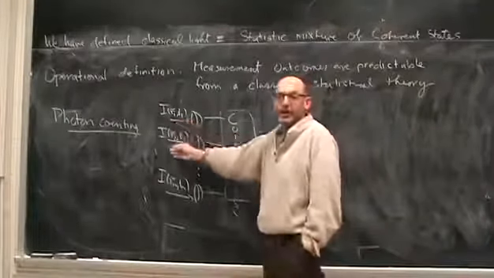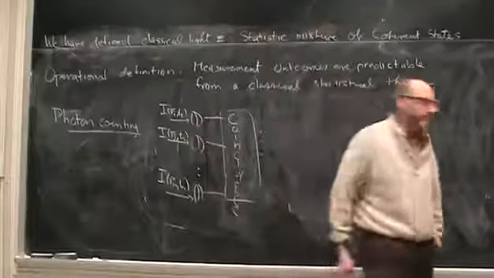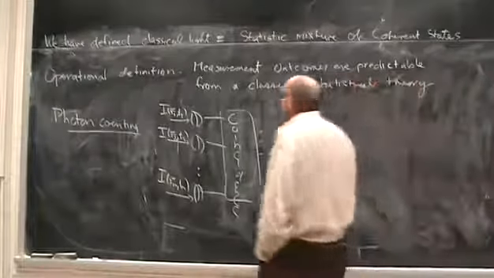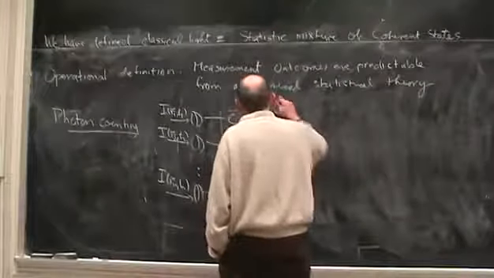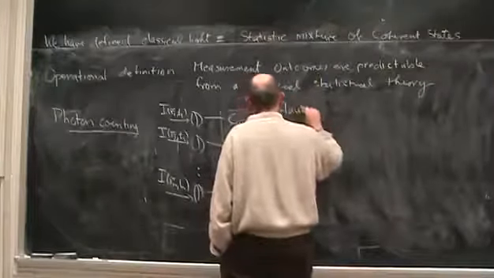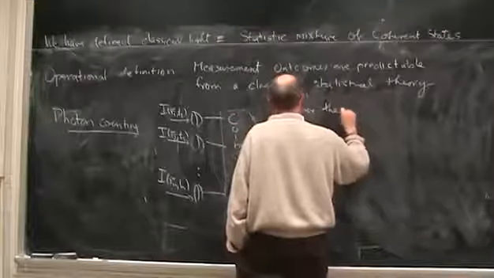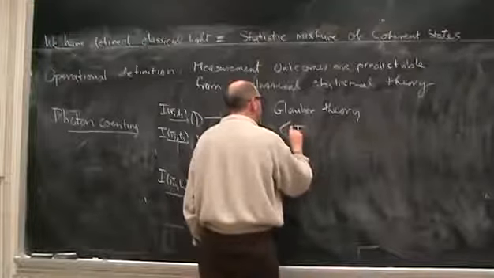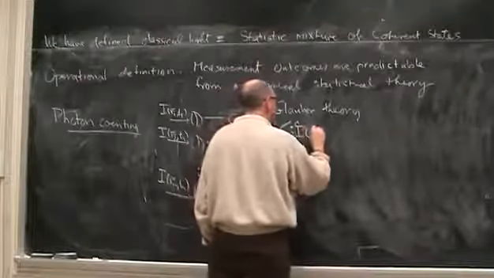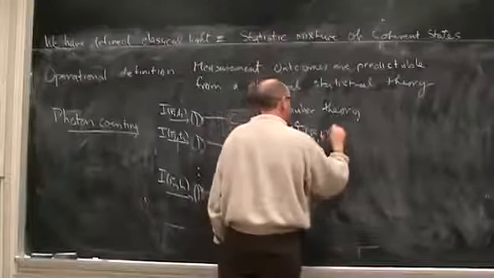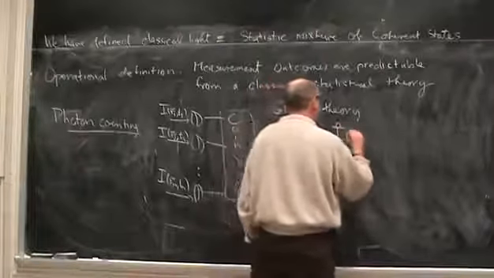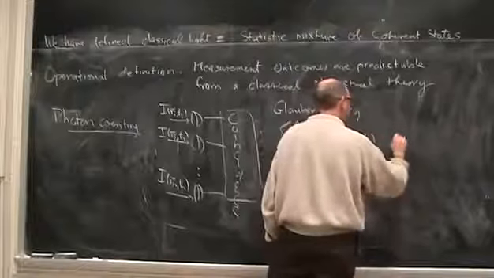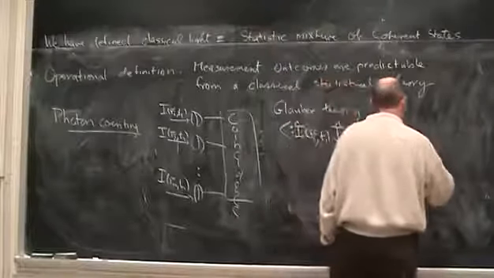It had nothing to do with the light whatsoever. And the way we saw that is that from the Glauber theory, this coincidence rate depended on these normally ordered products of intensity operators.